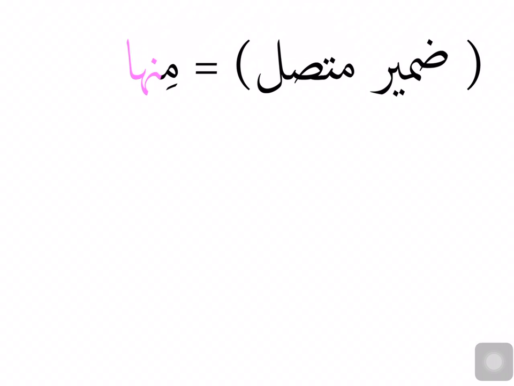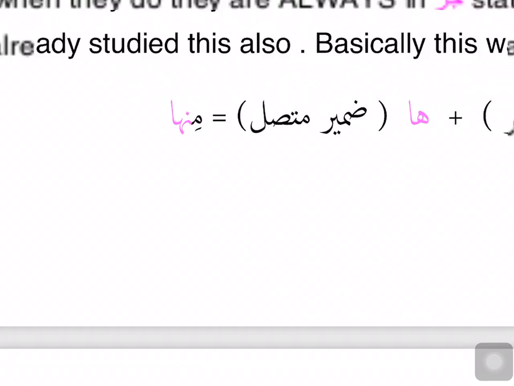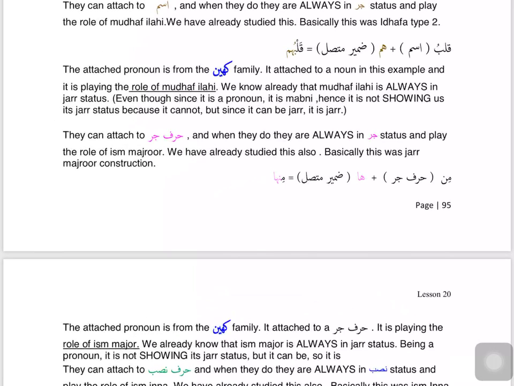It will be in jar status. Remember, the pronouns are all mabni. Mabni means the ending of a word does not change. It will not show us its status. It has a status, it just does not show it. In minha, even though you're seeing ha, here it is in jar status. So if the kaheen pronoun attaches to a harf of jar, it will be ism majroor.